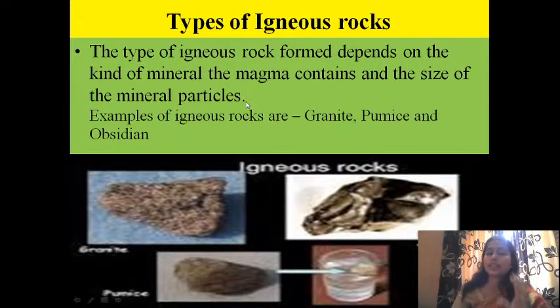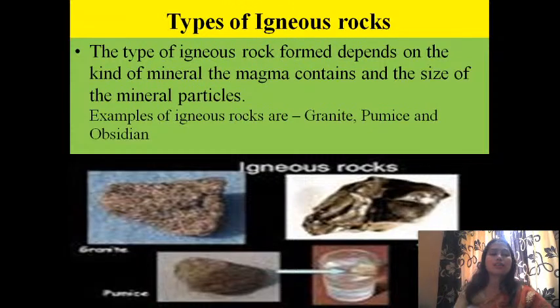So once again I repeat for your better understanding, the type of igneous rock always depends on the kind of minerals, what it's made up of, the magma contents, and the size of the mineral particles.